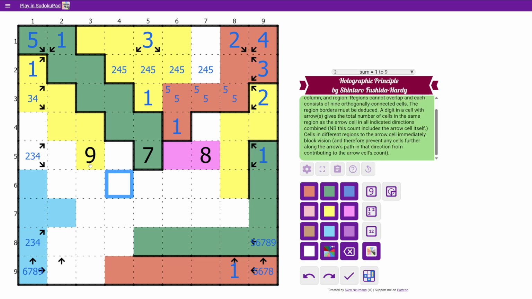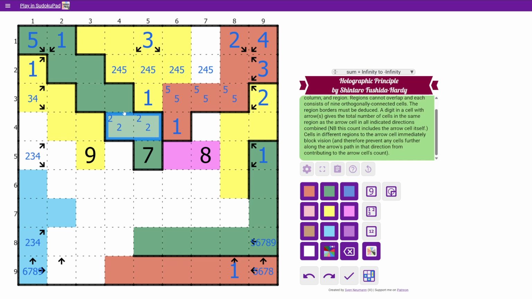Alternatively, what else was 2s? 2s are being forced down there for green. We know there's 2s on this row. We see that one.